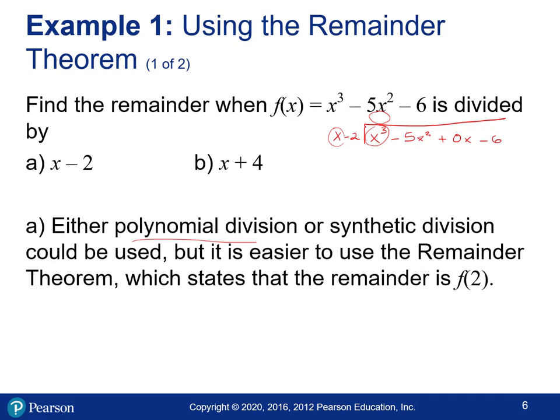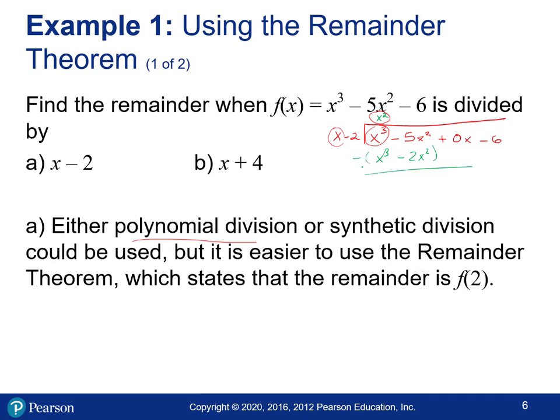And so that would be an x to the second power. Once you determine that, then you multiply by the whole divisor. So x squared times x is x cubed, x squared times negative 2 is negative 2x squared, and then you subtract this whole thing.